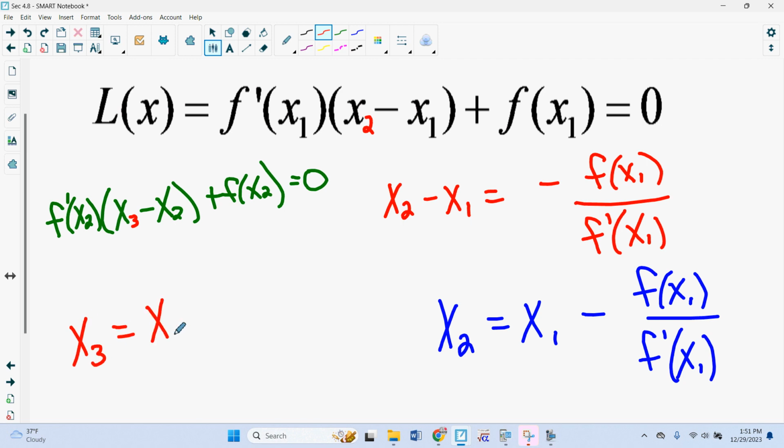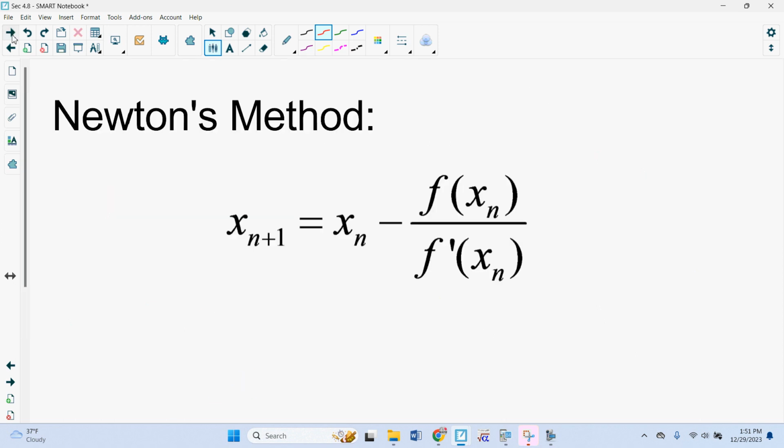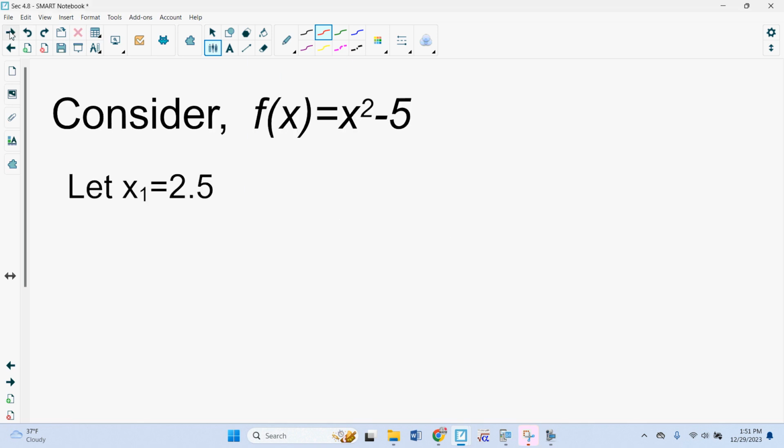I think you can see that my x3 is going to be almost the same thing, and so forth, and then x4, and so forth. So what this leads to is this formula for Newton's method, where if we want to find the second term, we just put the first term into this formula. The third term, we put the second term in, and so forth.